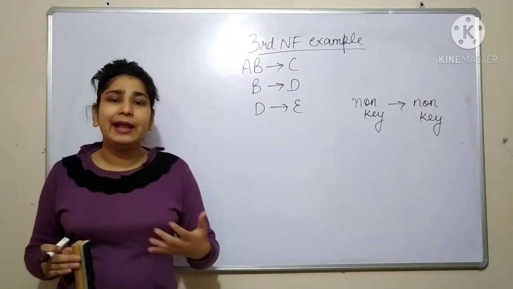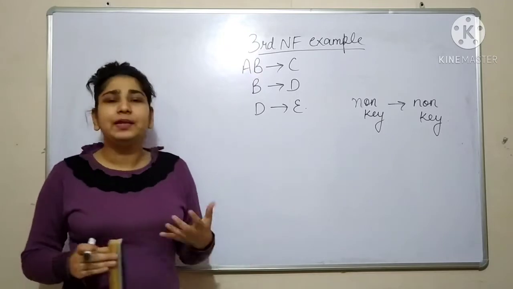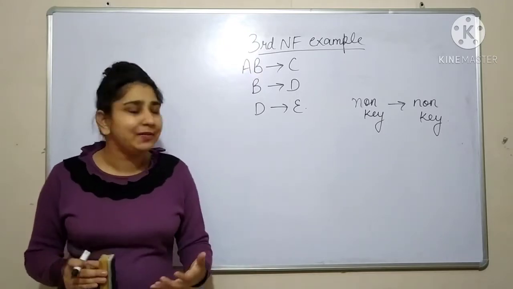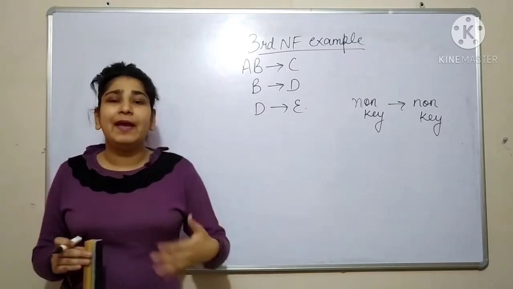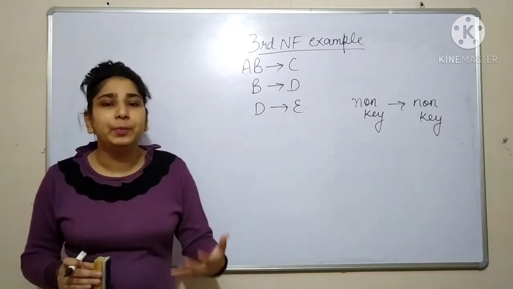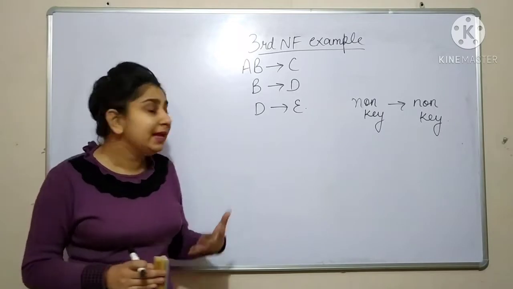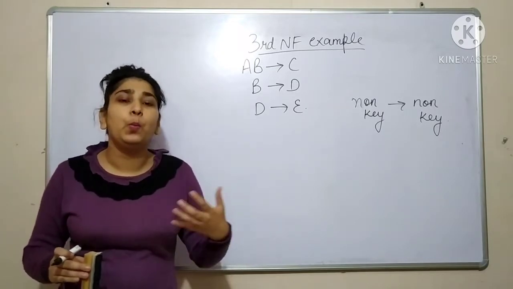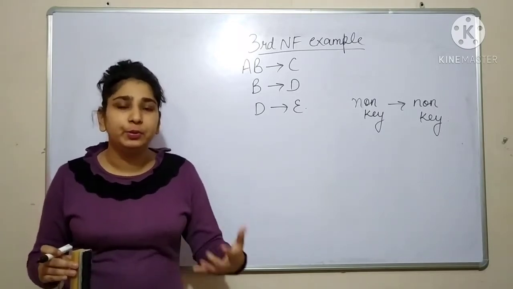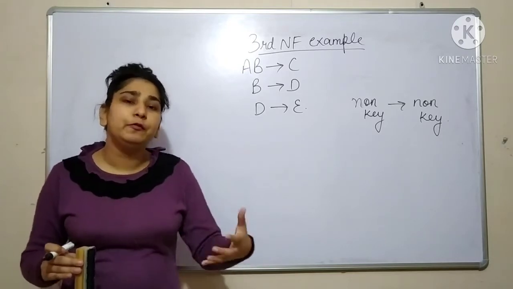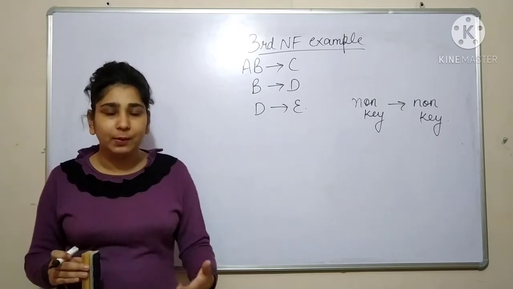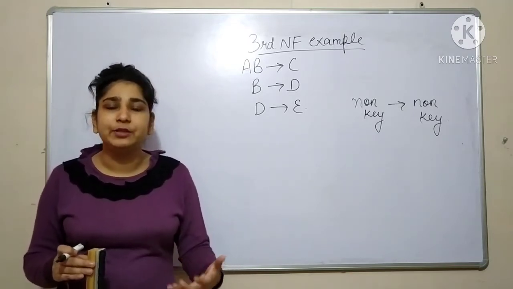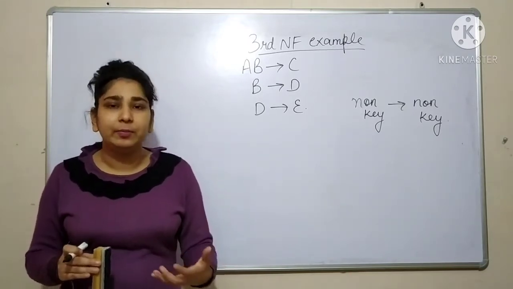Let me first tell you the difference between a key attribute and a non-key attribute. If an attribute is a key attribute, it means all of its values are unique or different; no two values are the same. That is the basic definition of a key attribute.